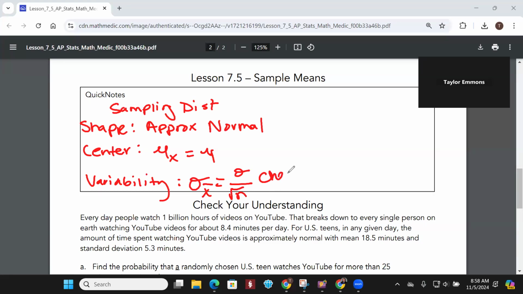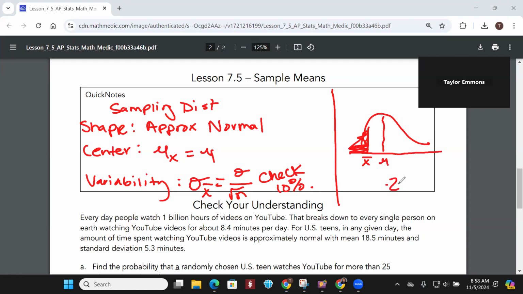Make sure that you check the 10% rule on this one if sampling without replacement is happening. We talked about the curve and we draw it, and that's your x bar. Your mu is in the middle. And then we talked about the z-score: x bar minus mu divided by the standard deviation divided by the square root of n.